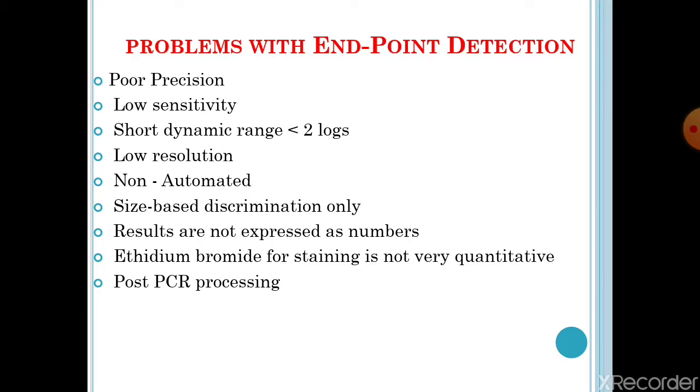And post-PCR processing: after PCR is finished, we have to run the gel, most commonly the agarose gel, and then ethidium bromide staining will be there. So post-PCR processing is also required.